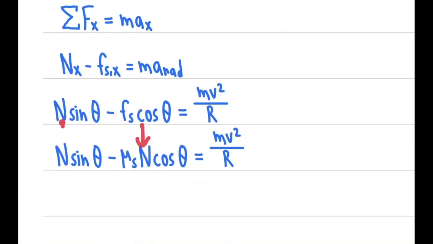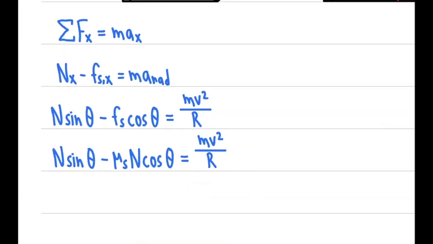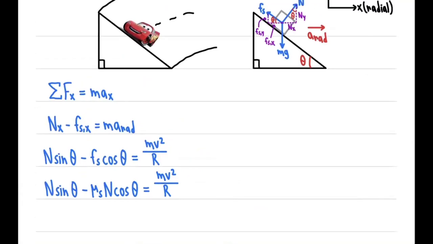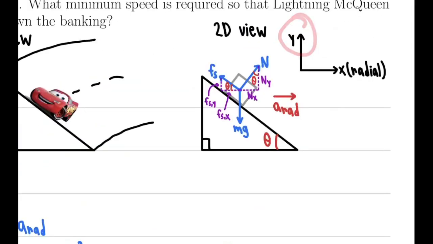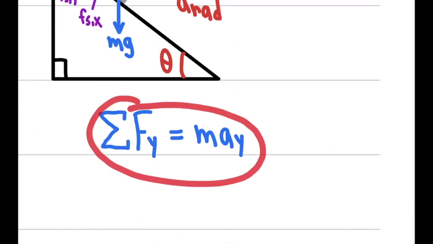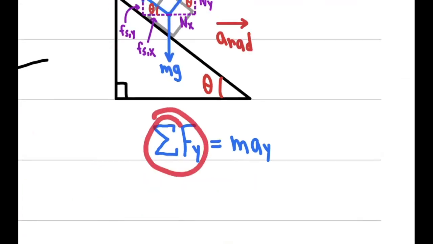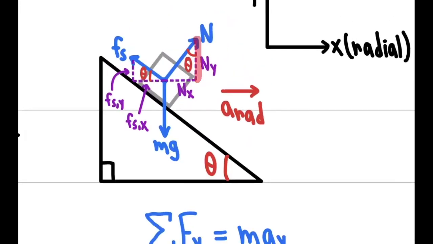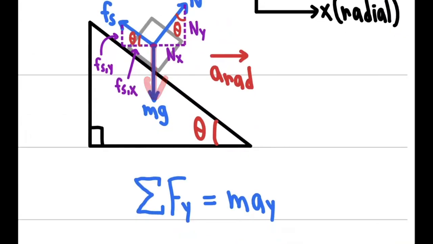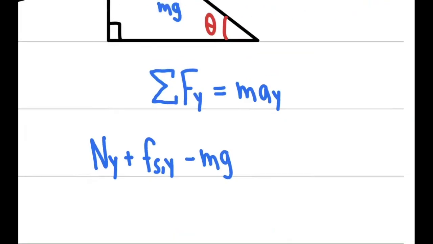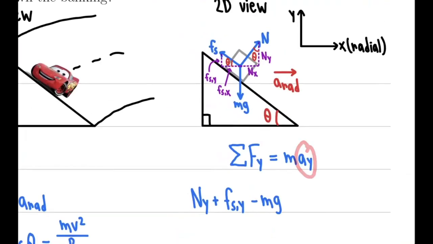So now we need to find N. To find N, let's use Newton's second law in the y direction. So the net force in the y direction equals m times a in the y direction. The net force in the y direction is N y plus F s y. I'm adding them because they're both upward, minus mg because mg is downward. And a y is just 0 because the only acceleration is a rad, and it's 100% in the x direction.